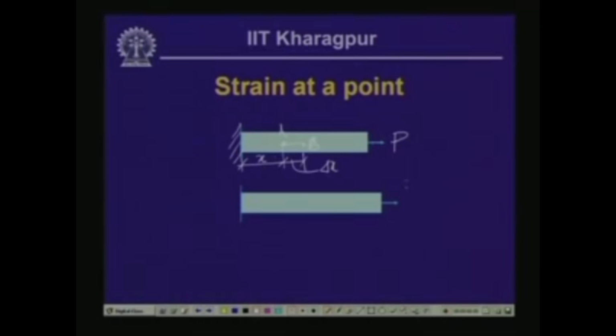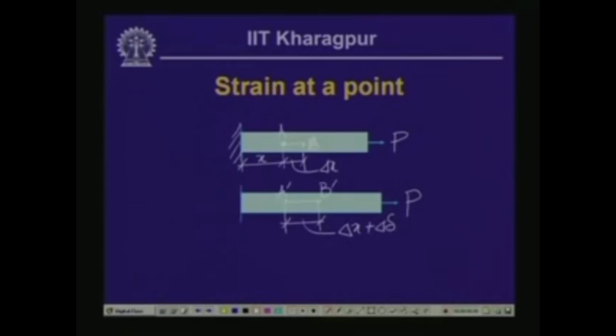Now, this bar, when it is subjected to pull P, the fiber also is stretched or deforms, and let us assume that this is the stretched fiber which was originally delta x. Let us say this is A dashed B dashed, and the length of this stretched fiber is delta x plus del delta.